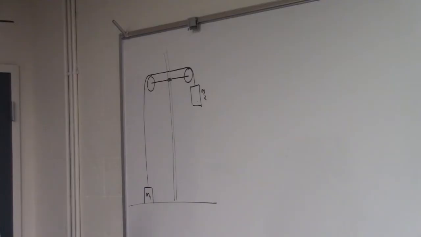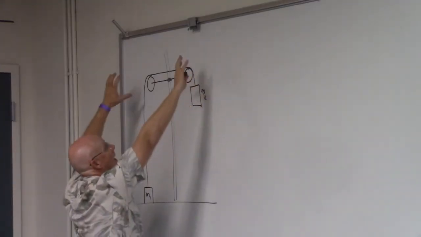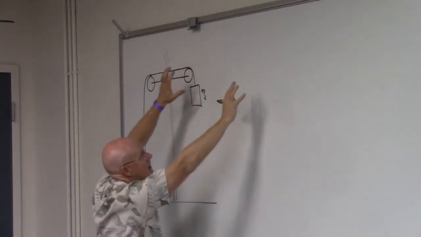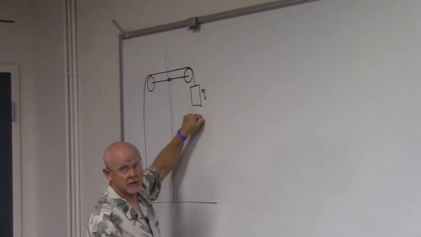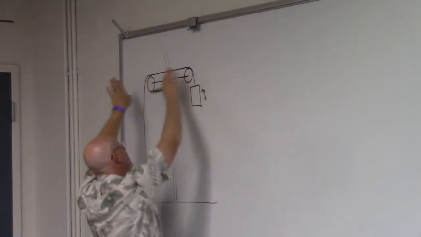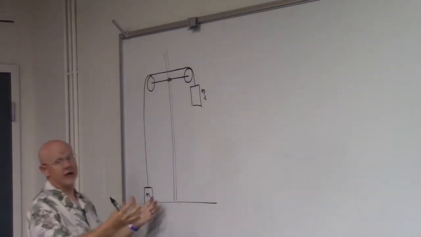Now, here's how I want you to think about it, and that is, think about this as one object being tugged to the right by the weight of this one, and to the left by this one. Here's how I like to draw it.